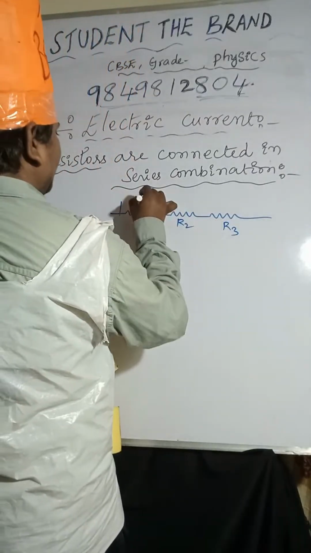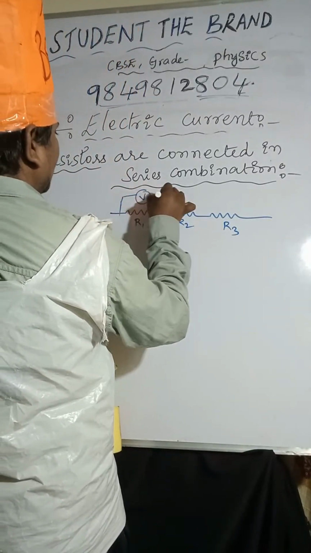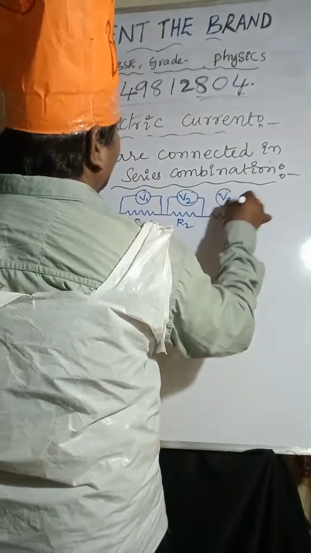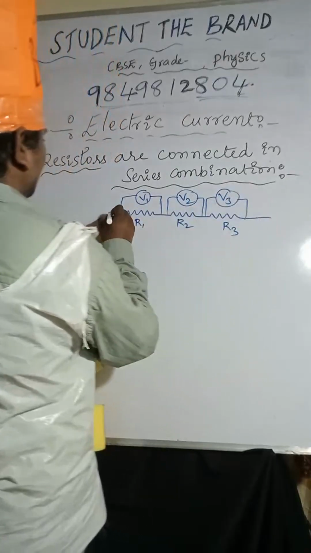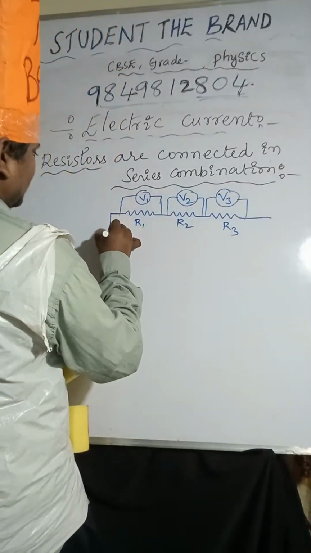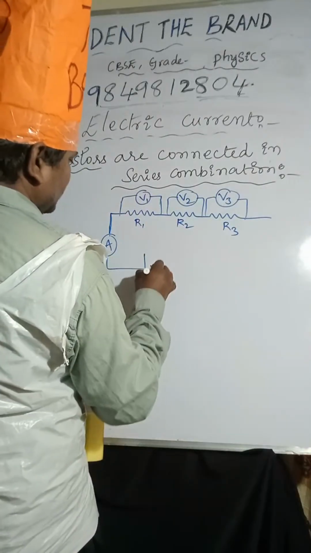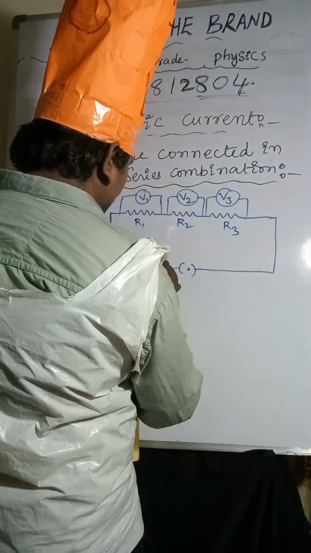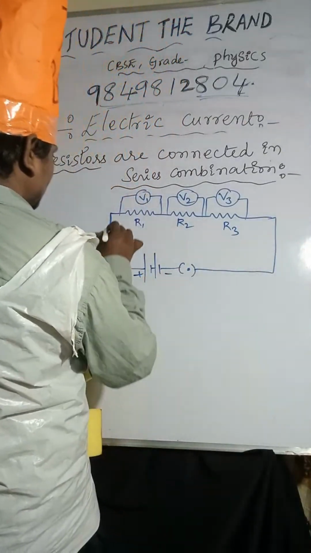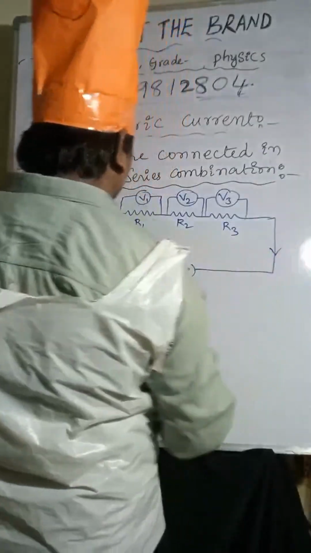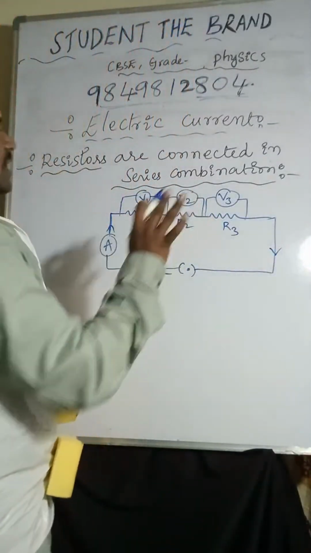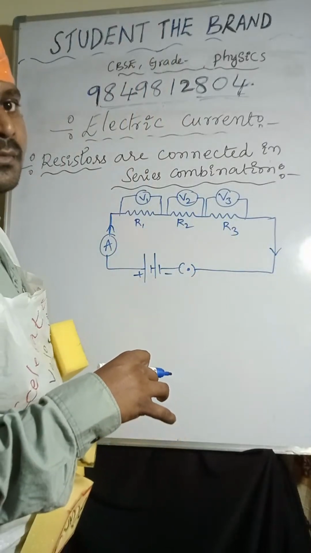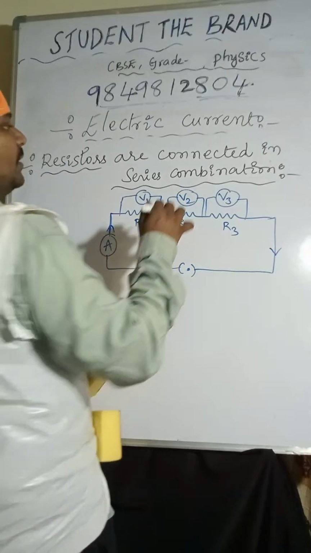Across R1, V1, I am connecting a voltmeter to measure the potential difference, and likewise V2 and V3. And an ammeter.